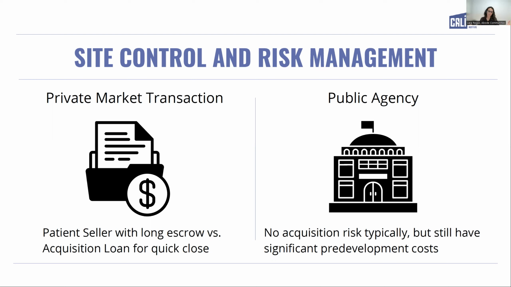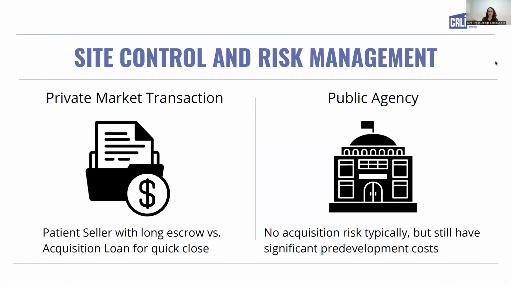Ideally, our favorite ones are where you're in escrow the whole time. You don't actually have to close until right before you're starting construction. Typically, we find something in the middle, where we'll get some amount of time to work through maybe entitlements, but then we've got to purchase the property right after that.